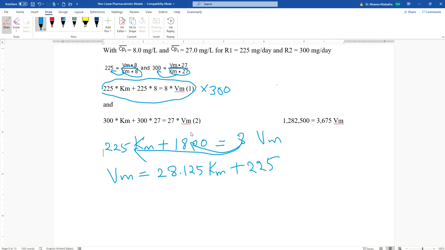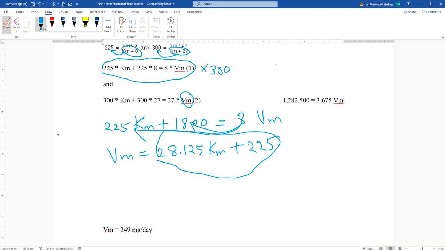Now, in the second equation, don't use the same equation. In the second equation, instead of VM, use this one, which is 28.125 Km plus 225. So what will happen to the second equation? I will say 300 Km is plus, now I'm using the second equation, I cannot use the same one.